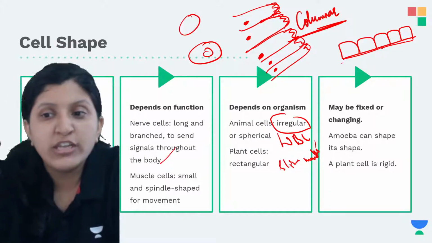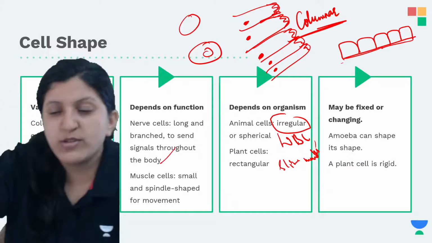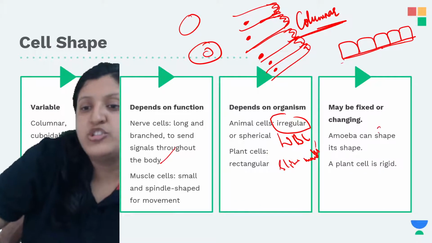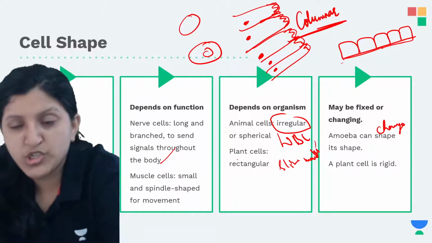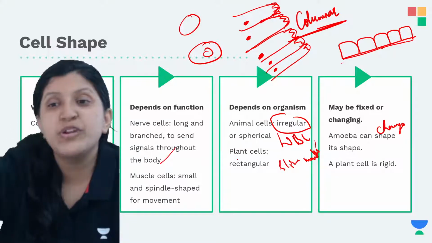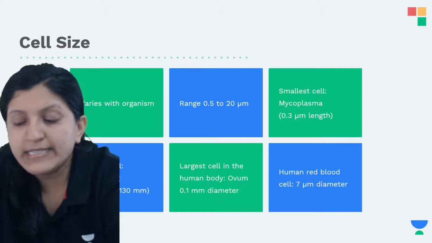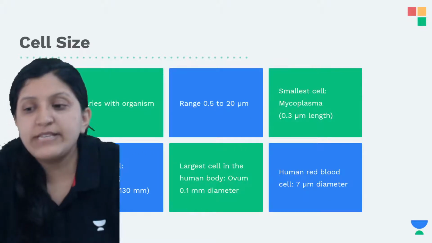Amoeba can change its shape, while the plant cell is rigid. Why is the plant cell rigid? That is because of the cell wall that is present.